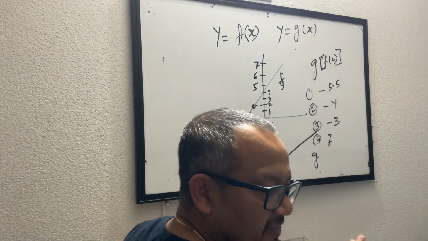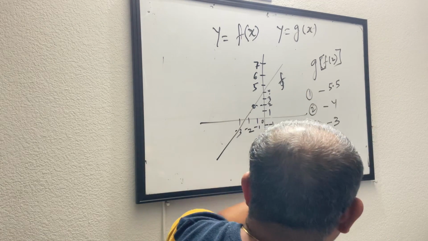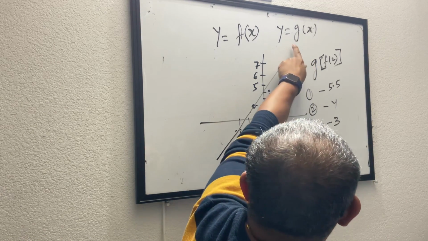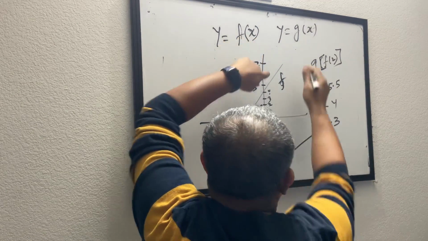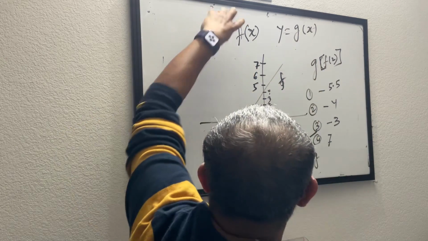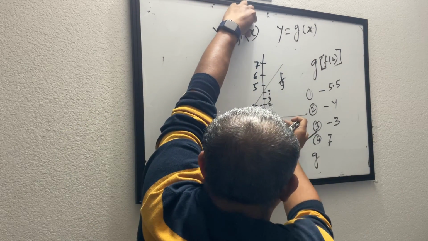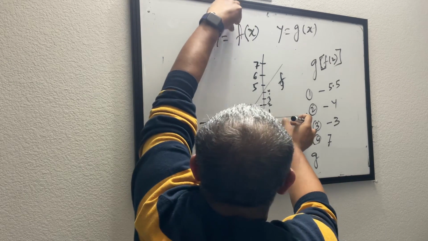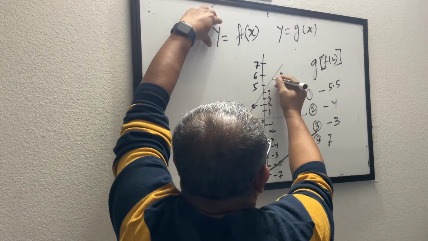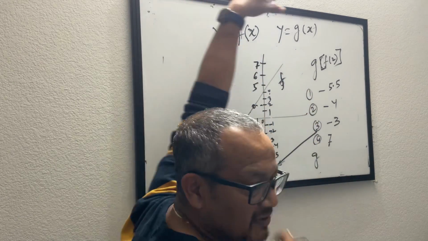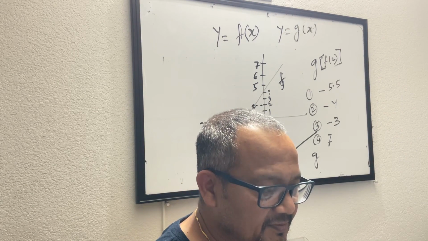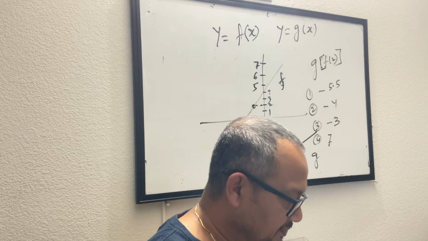My x is the input. For x as input, whatever the y value is, that is the g value. Similarly here, for x as input, the value on the x-axis is the input to this function, and whatever you get as the y value is the output of that function. Tony, is that okay? Yeah.